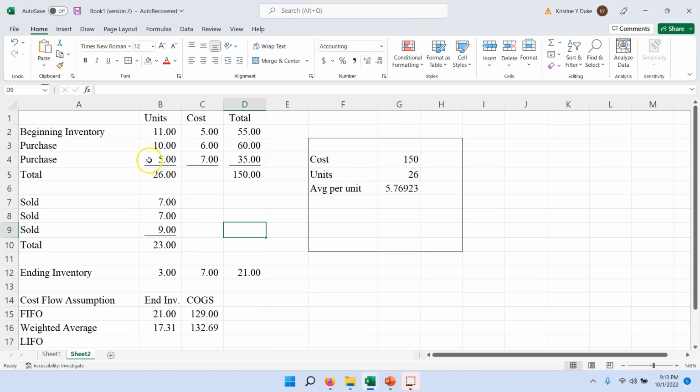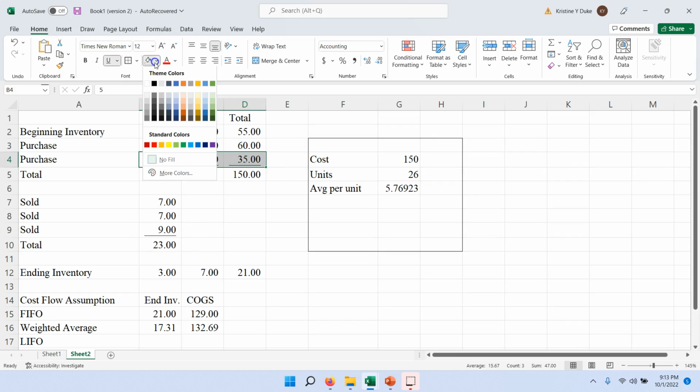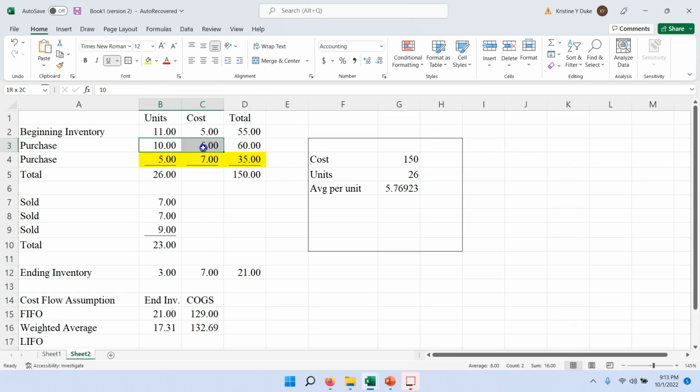So I need to account for 23. I know I've got a bunch here. Here's 15. So now I'm accounting for 15. I'm starting at the bottom and working my way up because the last ones in are the first ones out. So I got 15 and I need 23. So that's 5 plus 3, that's 8. So I'm going to take 8 of those units and include those as well.